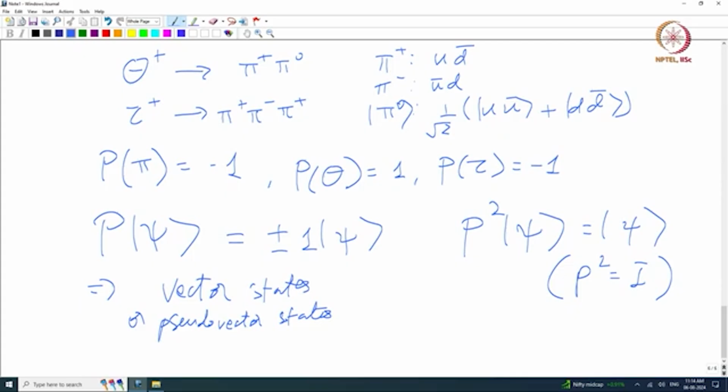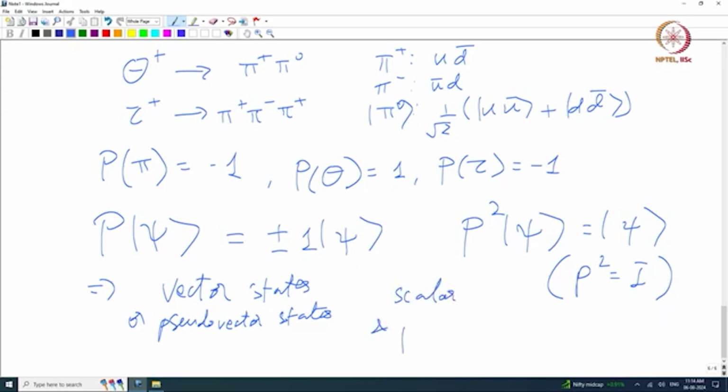So we already saw what a vector is. If you flip the sign of the coordinates, the vector also flips sign. So what is a scalar then, a real scalar? It should not flip sign, exactly. A real scalar would be something that if you flip the coordinates it doesn't. What is a pseudo scalar then? Yeah, it should flip sign, exactly. Very good.